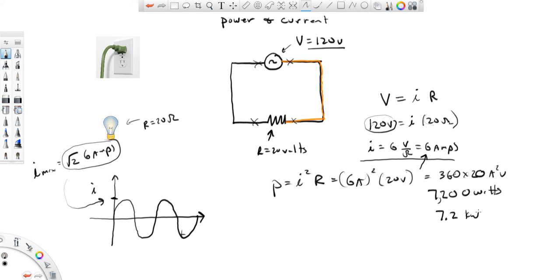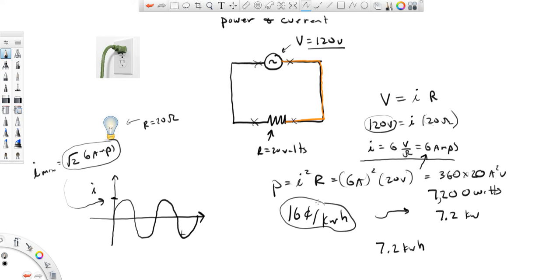I always like to put things in context. Electrical power right now in my part of the country, about the time I'm making this video, is running about 16 cents per kilowatt hour. So if we ran this for, say, 1 hour, that would be 7.2 kilowatt hours, and the cost would be 7.2 times this 16 cents per kilowatt hour.